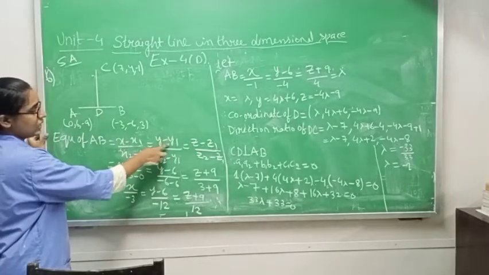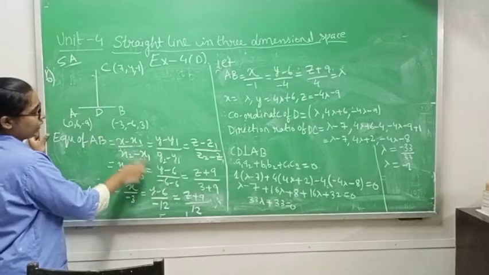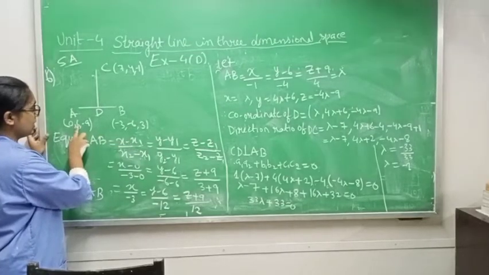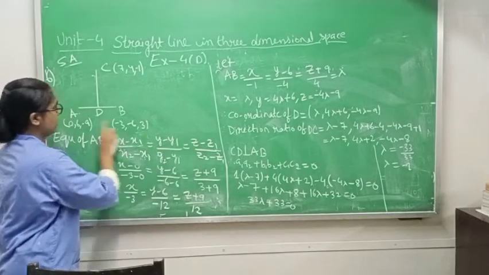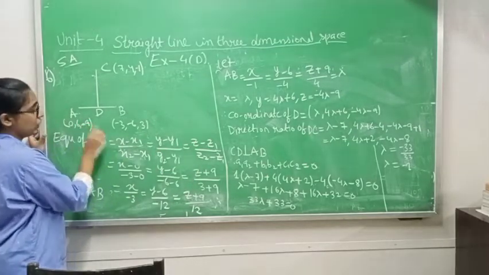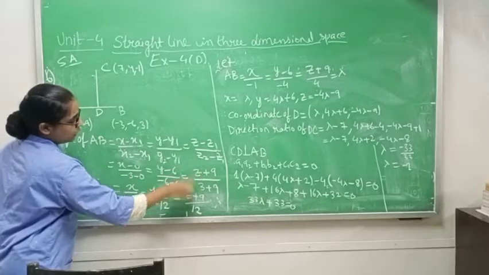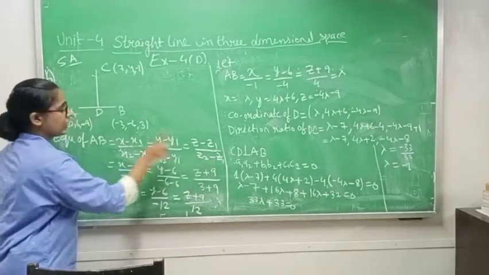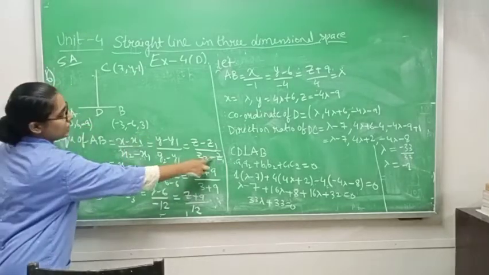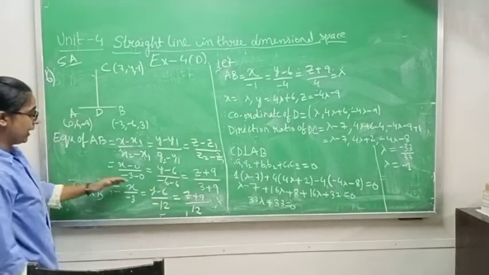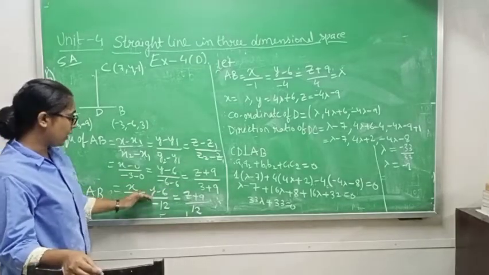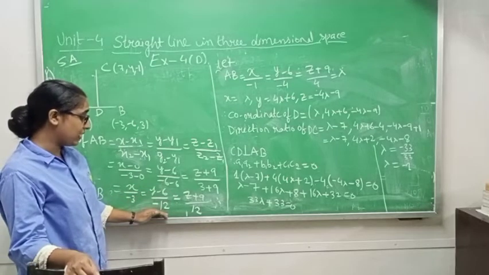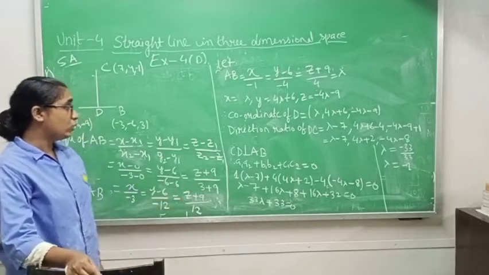Y you write as it is, y1 is 6, y2 is minus 6, y1 is 6, so minus 6 minus 6. Z you write as it is, z1 is minus 9, so it becomes plus 9, z2 is 3 and z1 is again minus 9, so minus minus becomes plus 9. You will get AB: x by minus 3 equals (y minus 6) by minus 12 equals (z plus 9) by 12.